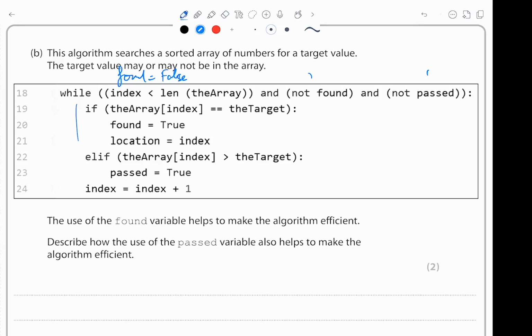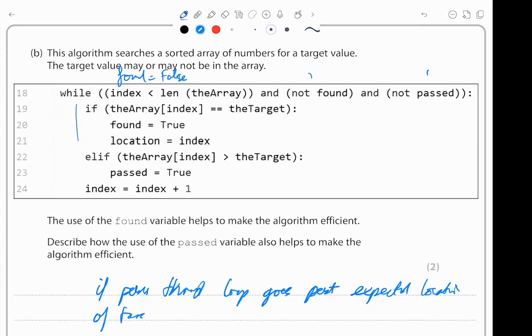So if the pass through the loop goes past the expected location of the target value, the third condition for the loop will not be met. I'm just abbreviating here, will not be met.